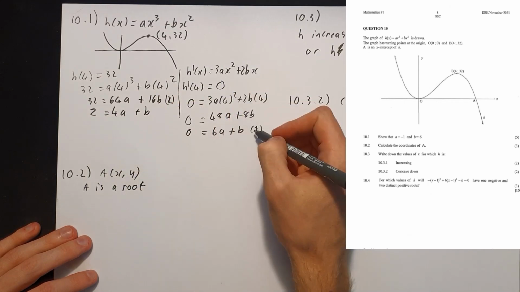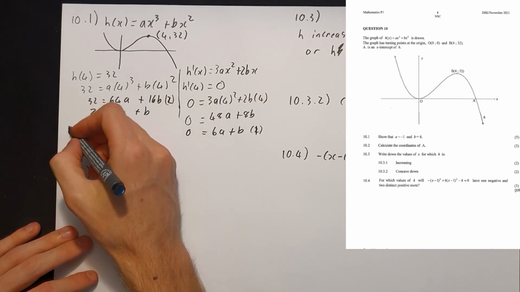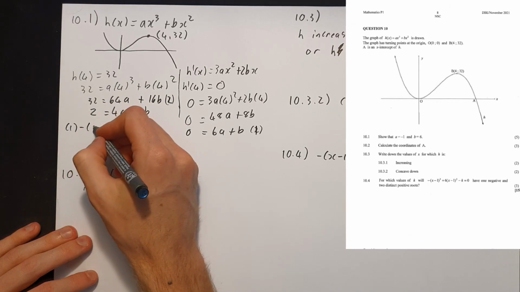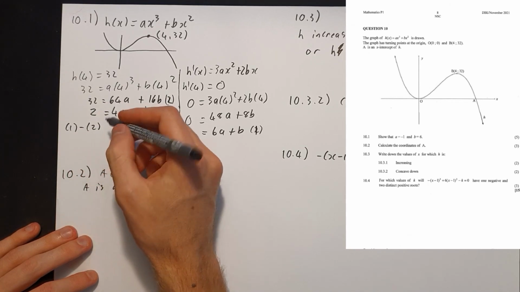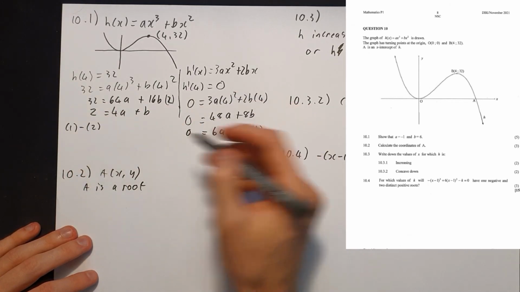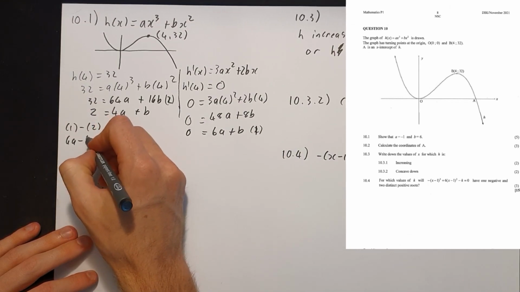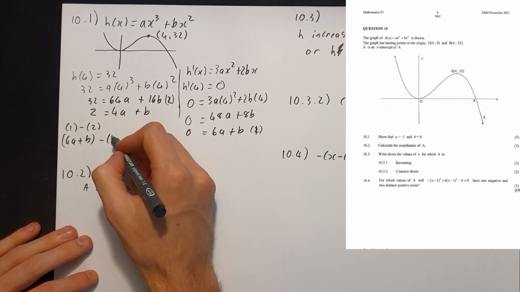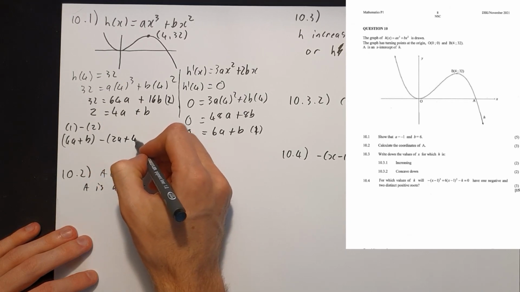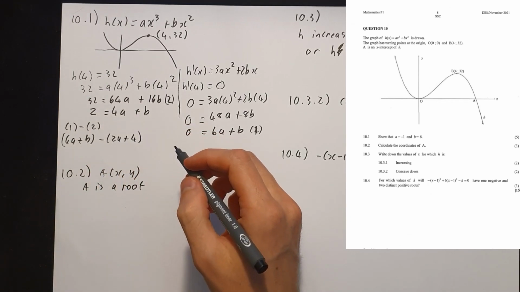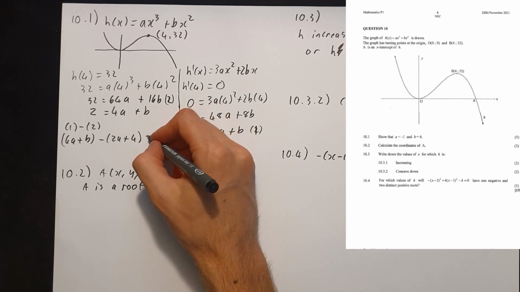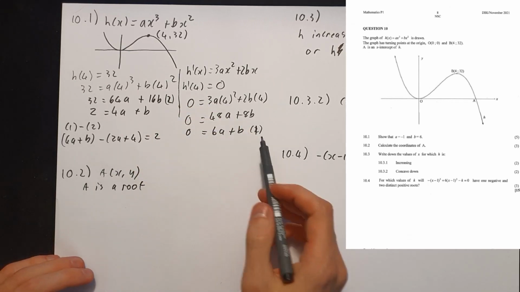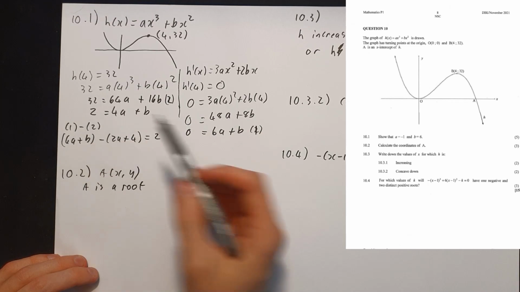Okay, so now if we say equation 1 minus equation 2, we're then going to get equation 1, 6a plus b, minus 4a plus b, and then that is going to all equal 2, because it's 2 minus 0.